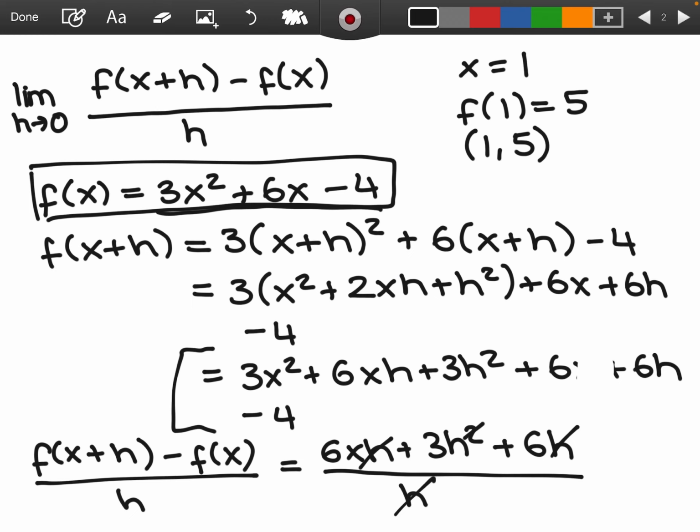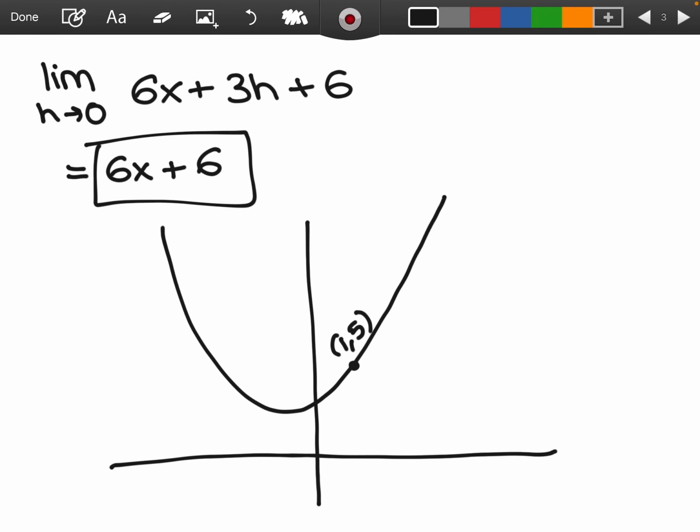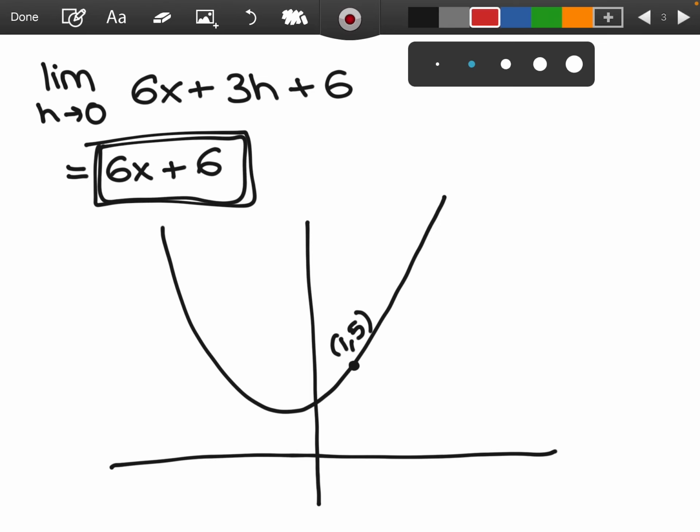The point (1, 5) lies on the graph of 3x squared plus 6x minus 4. We just plugged in x equals 1 and found what the f of x value was at that point. Well, when x is equal to 1, if I set x equal to 1 in here, I get 12.